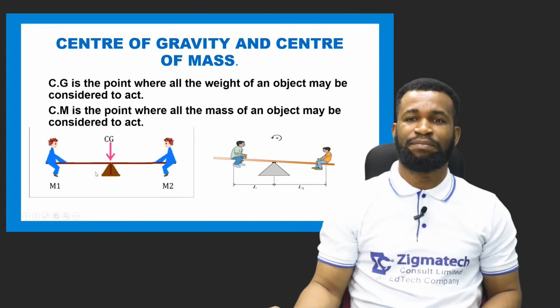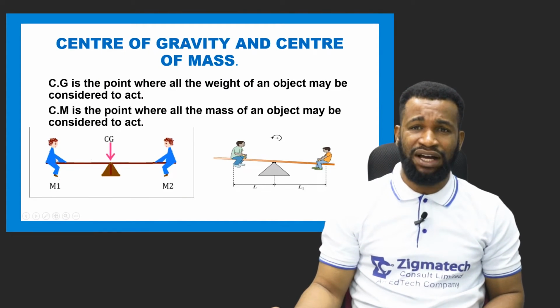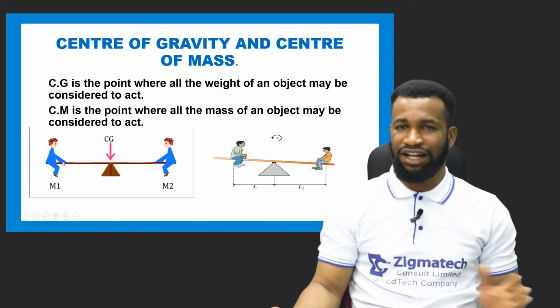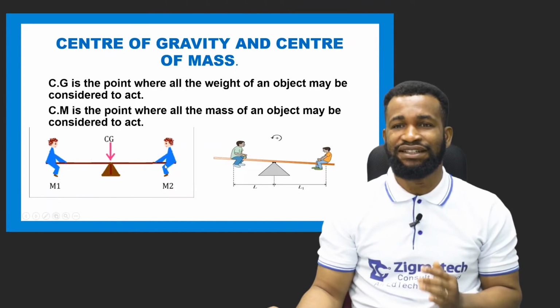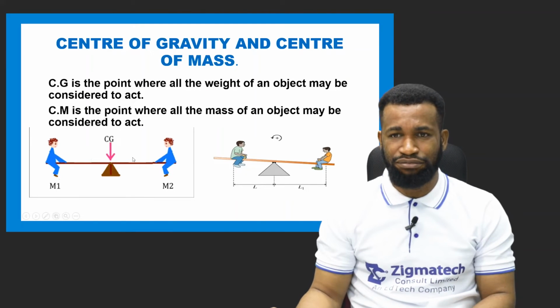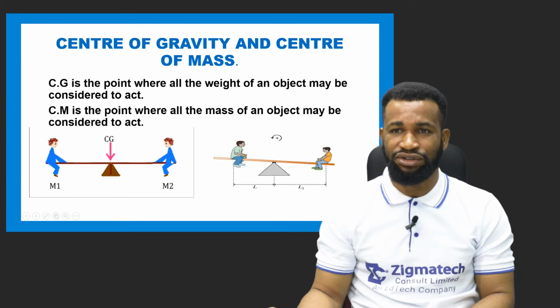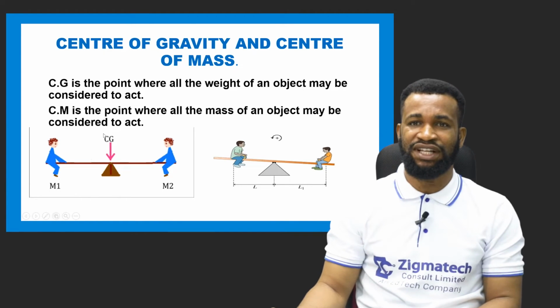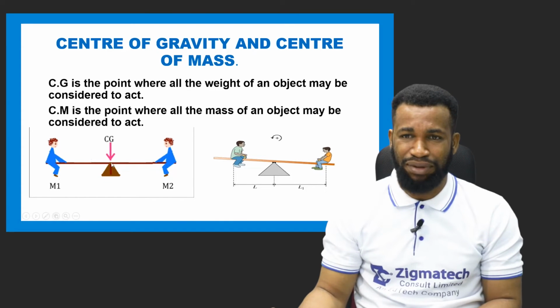Now, look at this part. The mass of this boy on the left side balances the one on the right side. And that is why this meter rule or this seat is standing horizontally. That means the center of mass balanced the two.